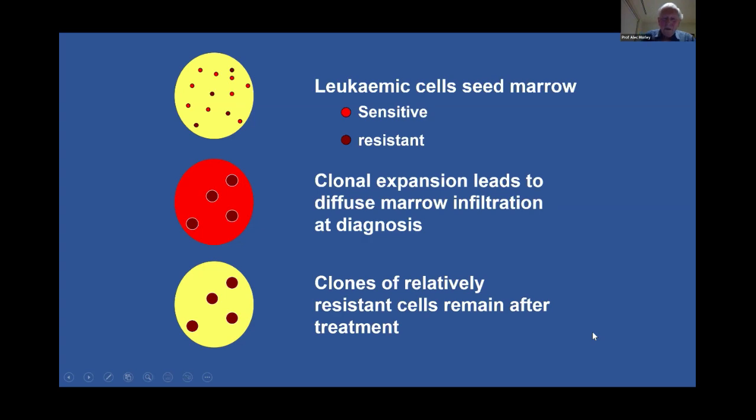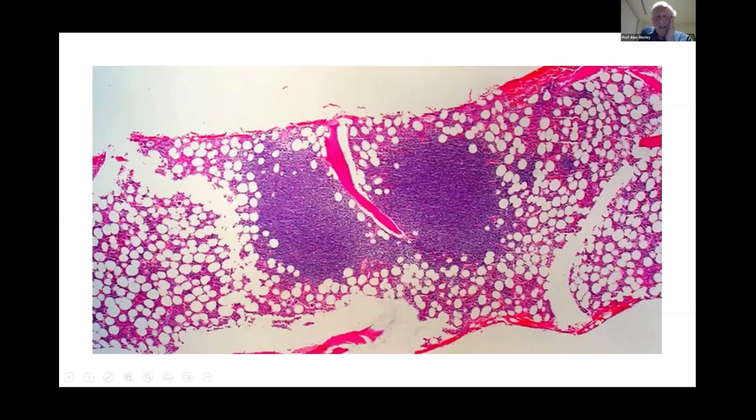Now, it's worth remembering, of course, that it's not only acute lymphoblastic leukemia that is a clonal disease. We know that occasionally acute myeloid leukemia presents clonally. And I would suspect that, again, during remission, there are probably clonal foci.